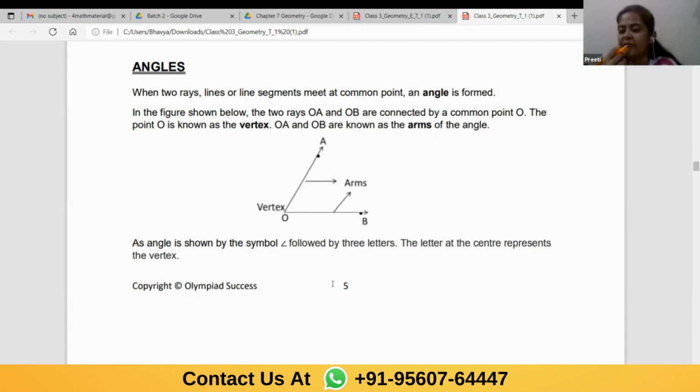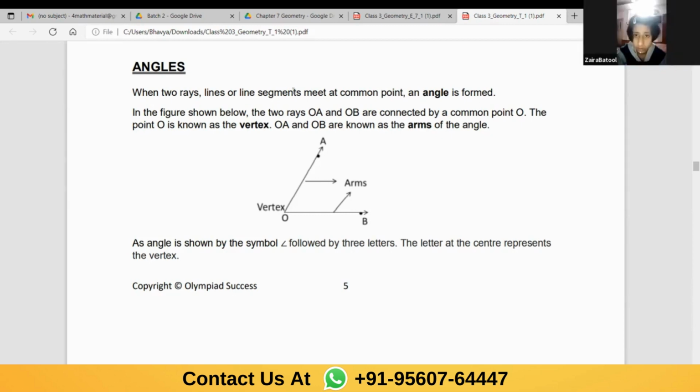When you're talking about the symbol of the angle, there should be a slanting line. Is there any slanting line in this? No, ma'am. So there has to be a slanting line. We're talking about the symbol, not about measuring an angle. If you show a symbol like this, it doesn't show an angle. It can be something else, but not an angle. An angle has to have a slanting line in the symbol.